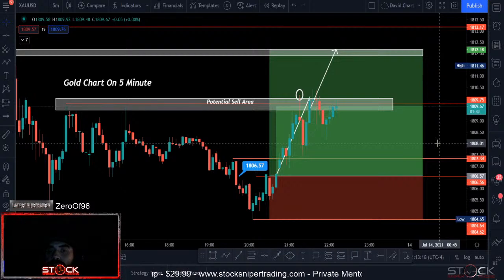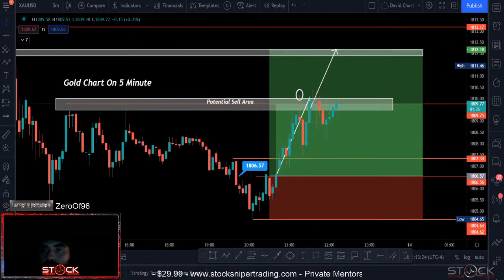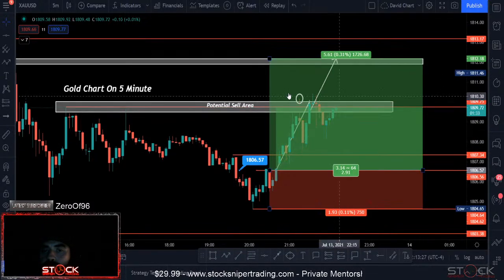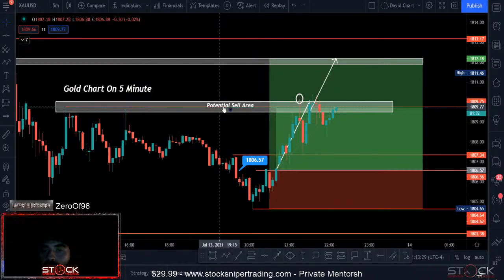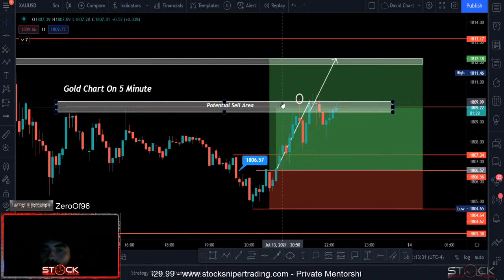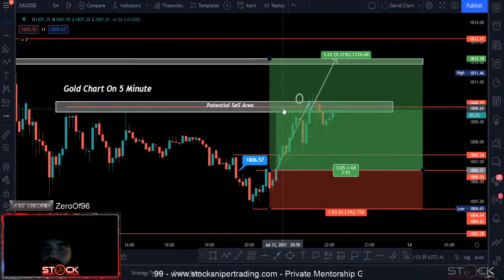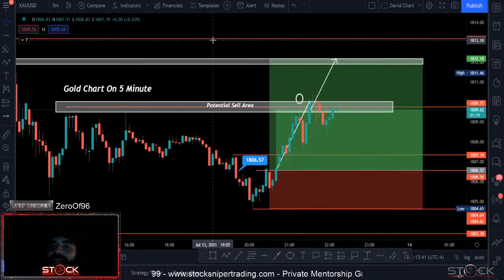Okay, so see how I'm just highlighting the potential seller. See where it's coming now, guys. It's that area right there, that 1809. It's still very finicky. They're respecting that area quite profusely.